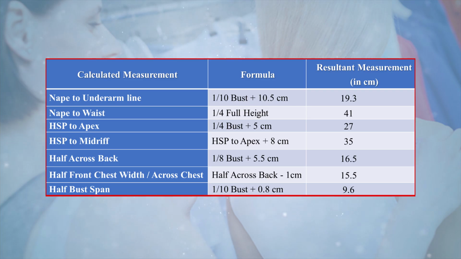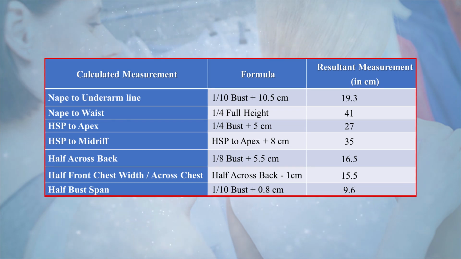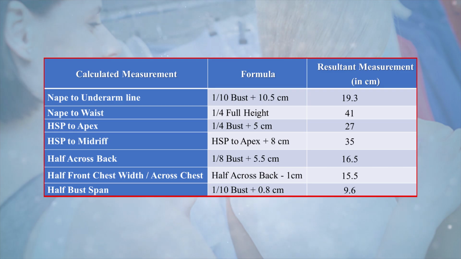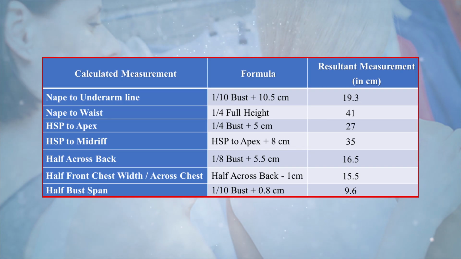So we have different formulas for the different calculated measurements or landmarks we use. Nape to underarm line, we use 1/10 of the bust plus 10.5 centimeters. Then nape to waist, we use 1/4 of full height.